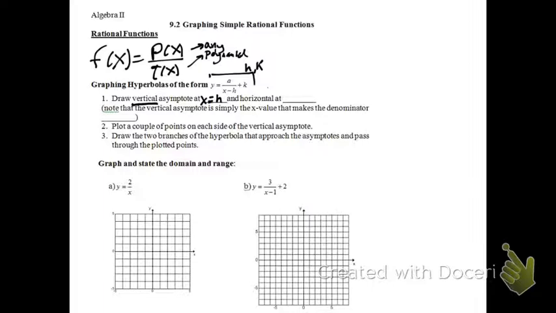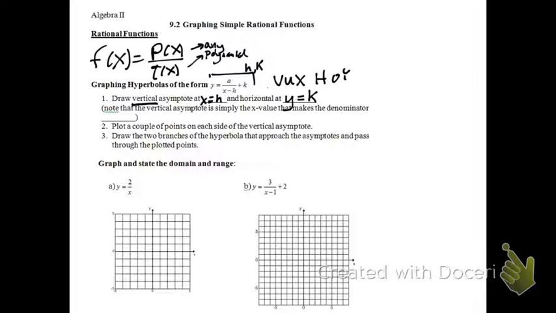And you're going to have a horizontal asymptote at y equals k. Notice how the vertical asymptote has the form x equals, and the horizontal one has the form y equals. If you remember that goofy expression vux hoy, that helps you remember the format for vertical and horizontal lines like we talked about before.